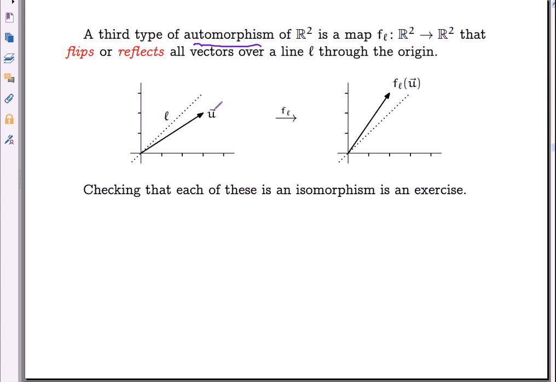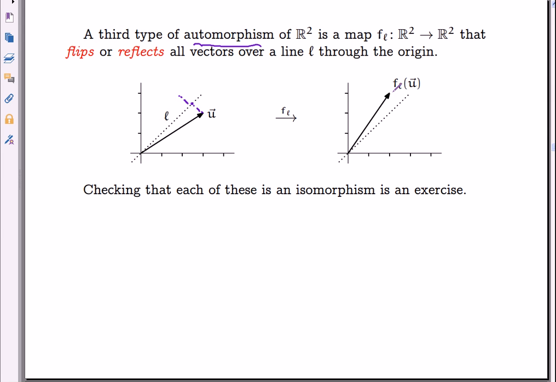Well, if you think about how mirrors work, let's take the perpendicular from this vector to the mirror. The mirror image will be the same perpendicular on the other side of L, and it will give me the vector that joins these two points. As you can see here, that's how you do mirror image.